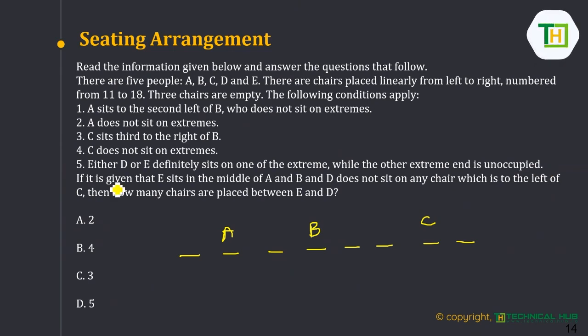It is given that E sits in the middle of A and B, so this is the E position. E sitting in the middle of A and B means D's position is in this position or in this position.